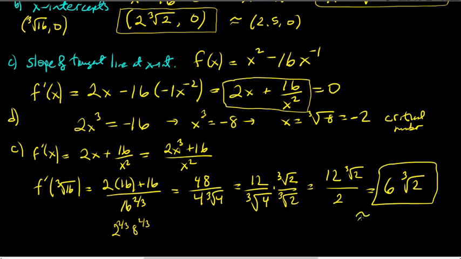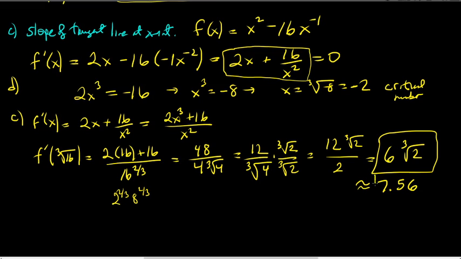The approximate was 7.56. But, you know, again, that's fine. So you can round as well. It's not a big deal. But that's the slope. Remember, I didn't ask for the equation of the tangent line, so you don't have to find the equation.